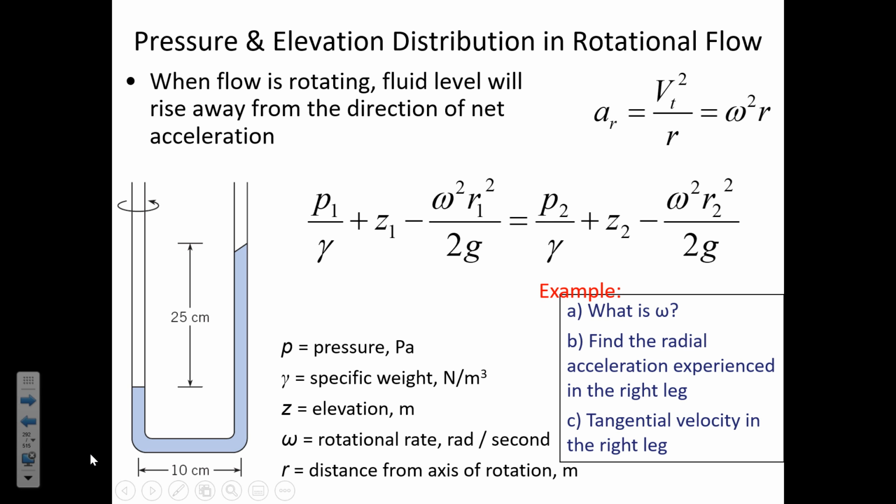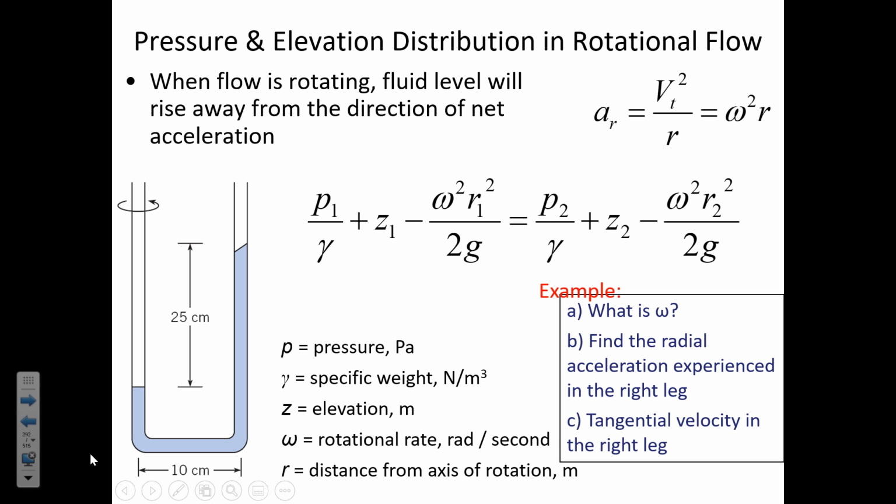Okay, now if we write this equation here, it's the pressure head plus the elevation minus omega squared R1 squared divided by 2g is equal to the pressure head at 2 plus the elevation head at 2 minus omega squared R2 squared divided by 2g.